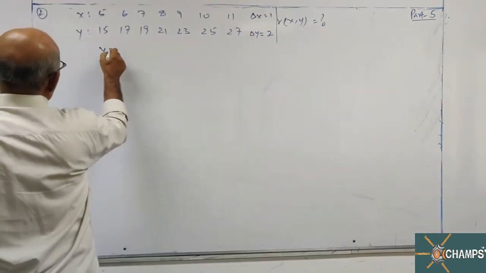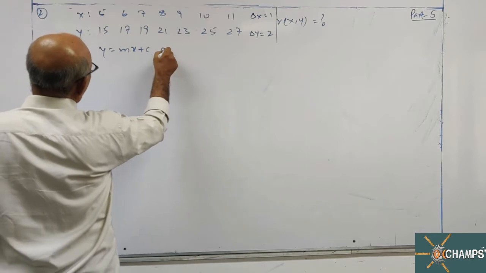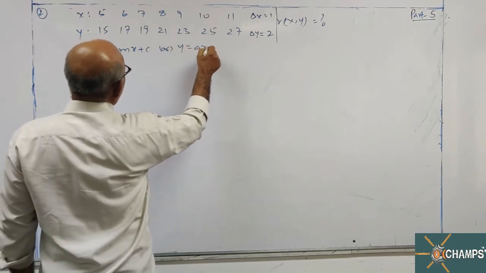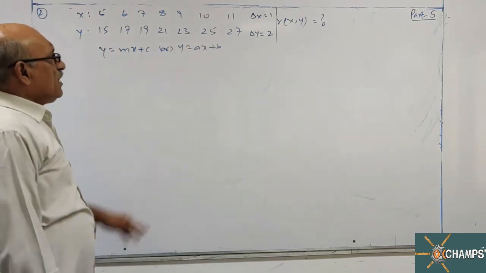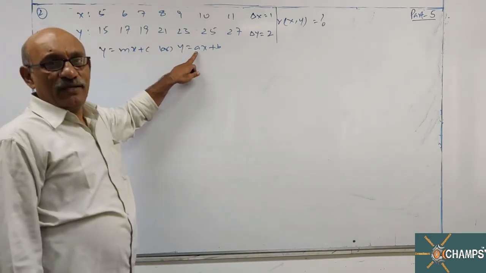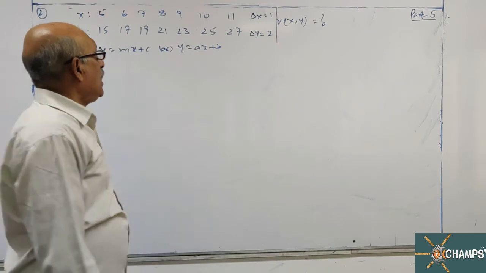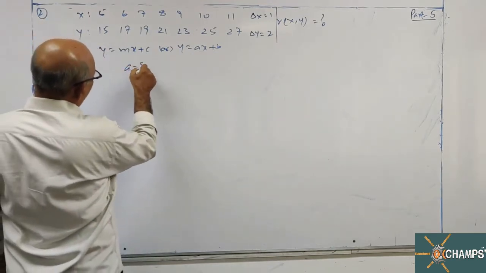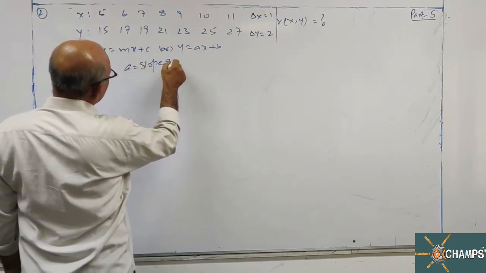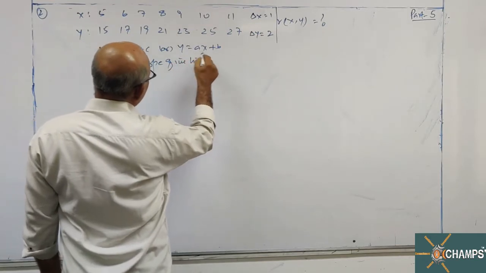So y is equal to mx plus c, or you can write y is equal to ax plus b. Now if I calculate the value of a, then I can predict the answer for this question. A is equal to slope of the line.